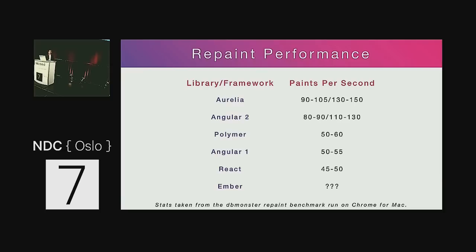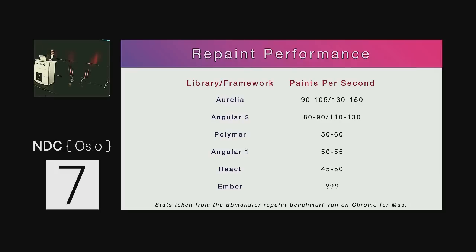They're both very, very fast. To be honest, all of these frameworks are very, very fast. Even React, which is on the low end in this benchmark, at 50 paints per second is faster than you can see, right? So this is still pretty fast. That's how fast it can repaint the entire list per second, right?